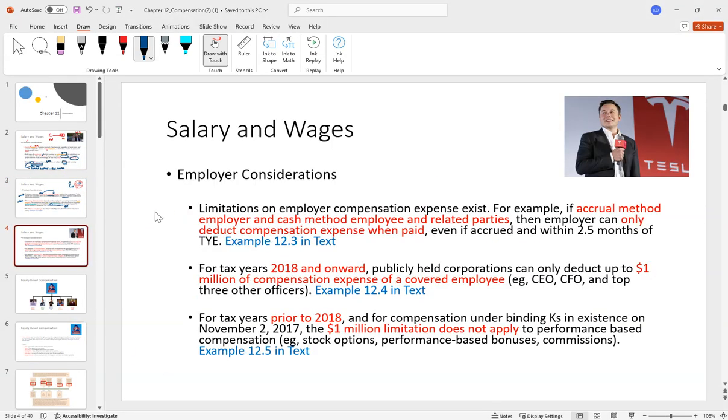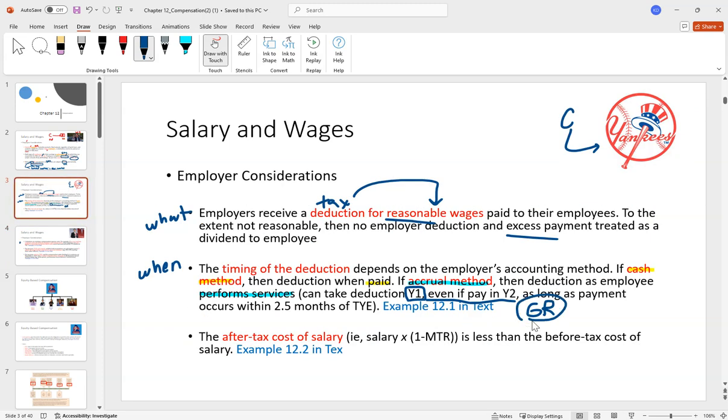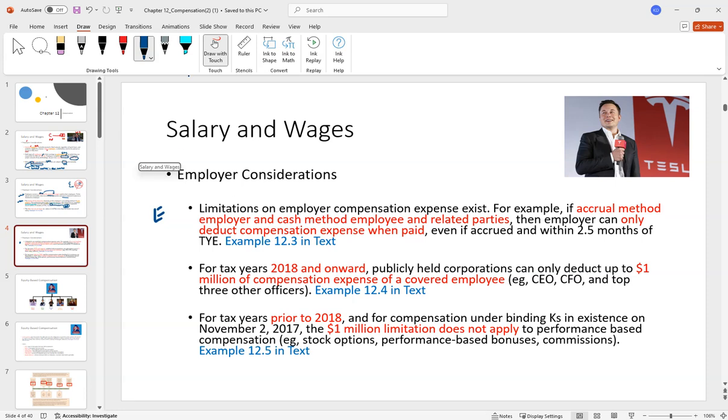However, there is an exception to that general rule. We said the general rule is 2.5 months. However, even if you pay it within 2.5 months, you still will only be able to deduct it in year two if the employer is an accrual method, the employee is a cash method employee, and the two of them are related parties.